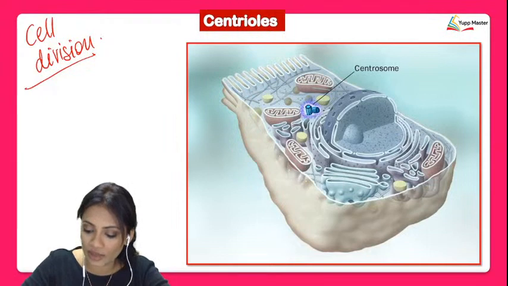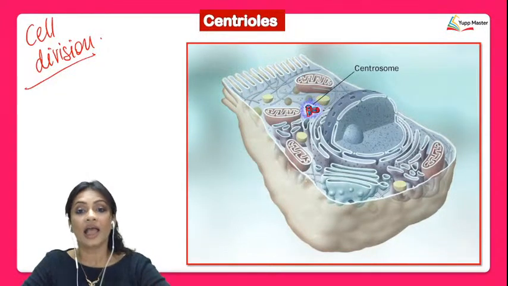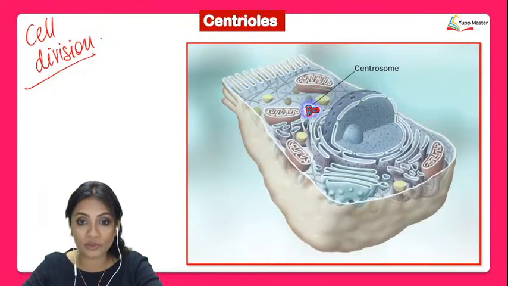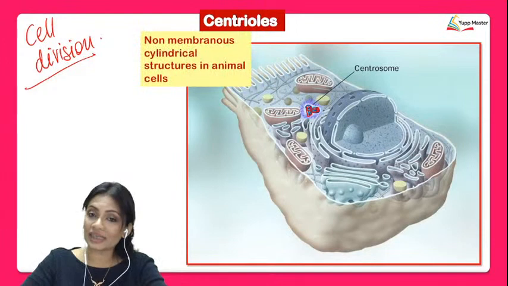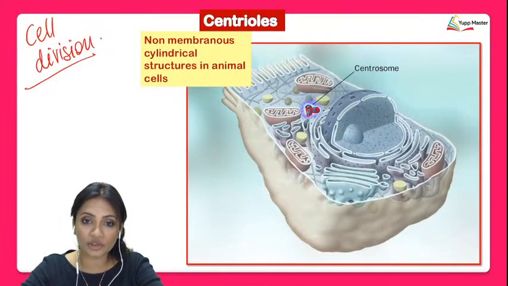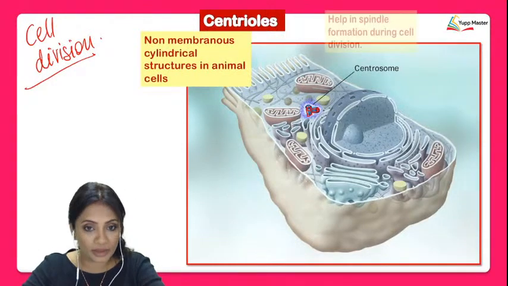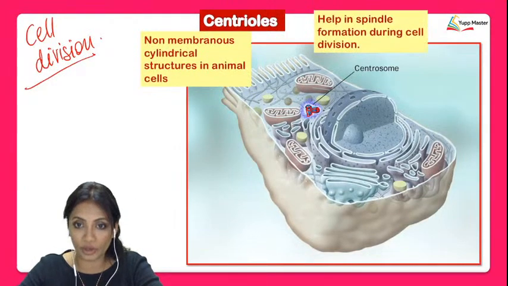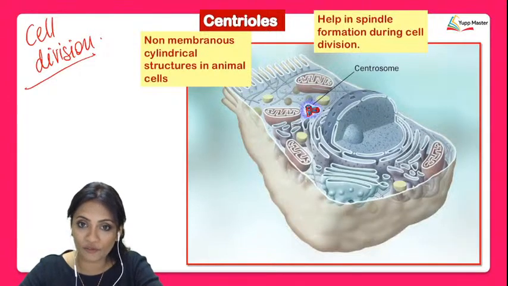And can you see how these centrioles are located here and are placed perpendicular to each other? Yes. So we see that these are also non-membranous cylindrical structures. They are found in animal cells and they help in spindle formation during cell division.